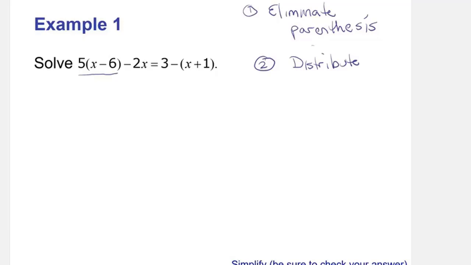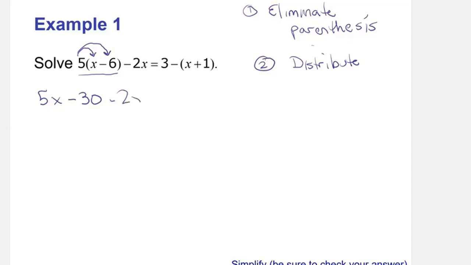When I distribute, that means this 5 gets multiplied by both terms. We end up with 5x minus 30. 5x because I multiply 5 times x, and then minus 5 times 6 is 30. Now I don't need that parenthesis anymore.